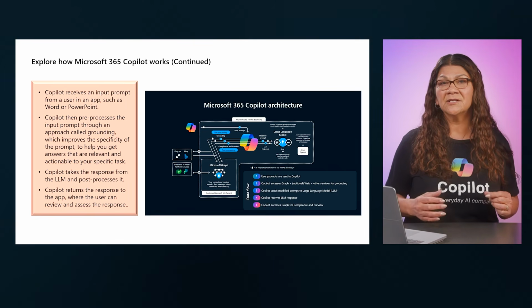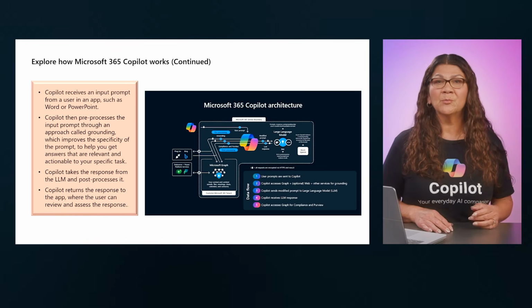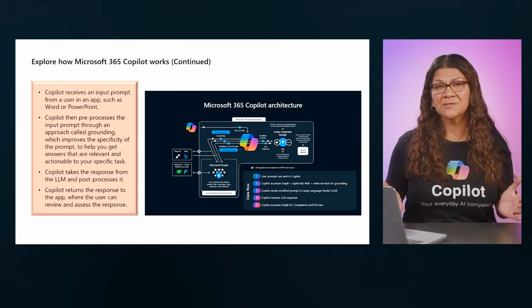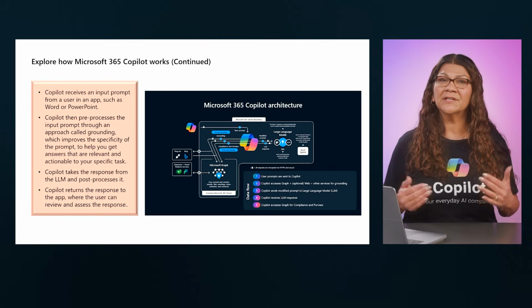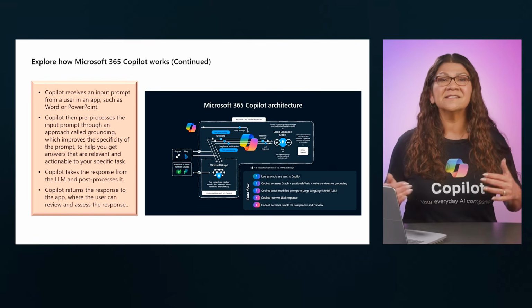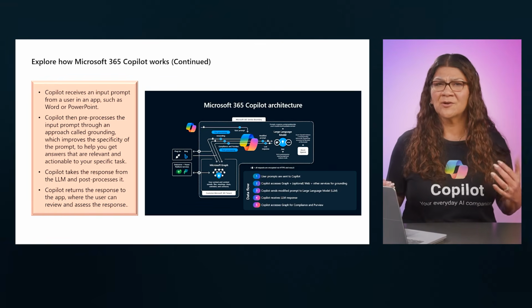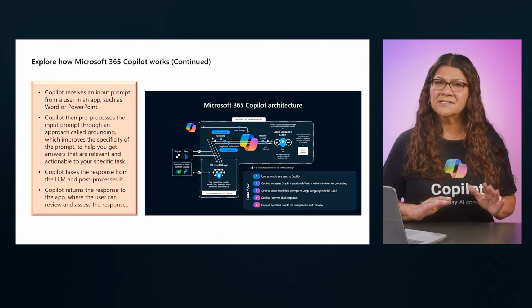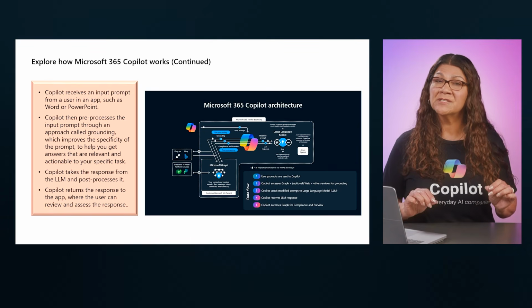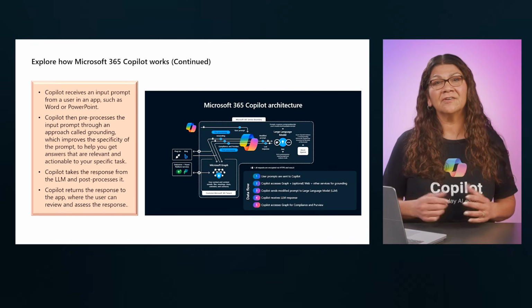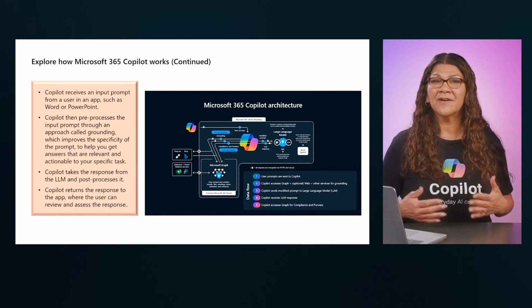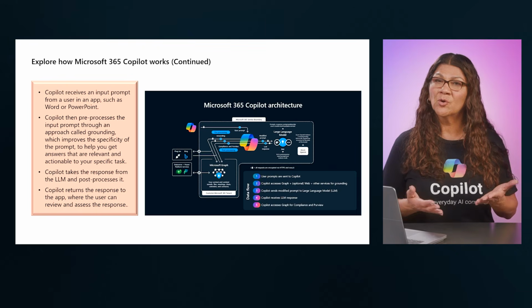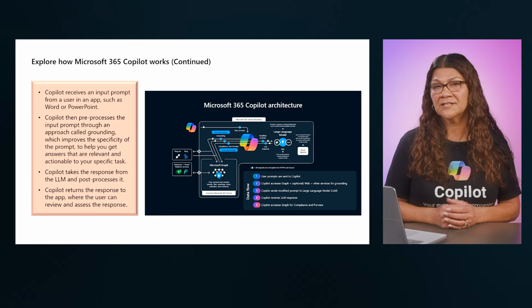Here, Copilot uses Microsoft Graph plus optional web or domain-specific services to pull in calendars, meetings, emails, files, and organizational context. This grounding process sharpens, enriches, and clarifies your original request so that the final output is accurate, relevant, and tied specifically to your work.